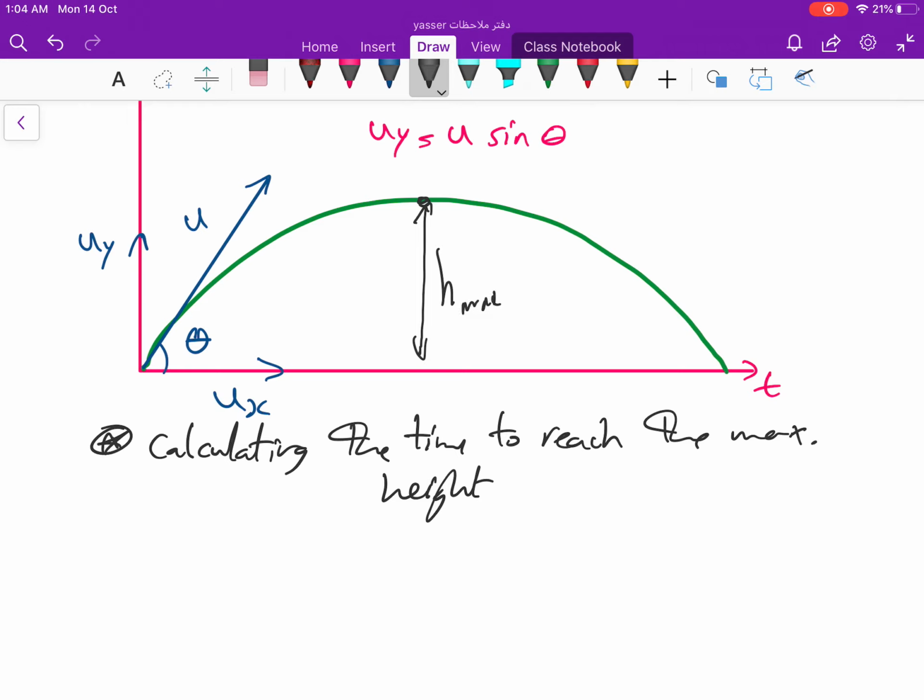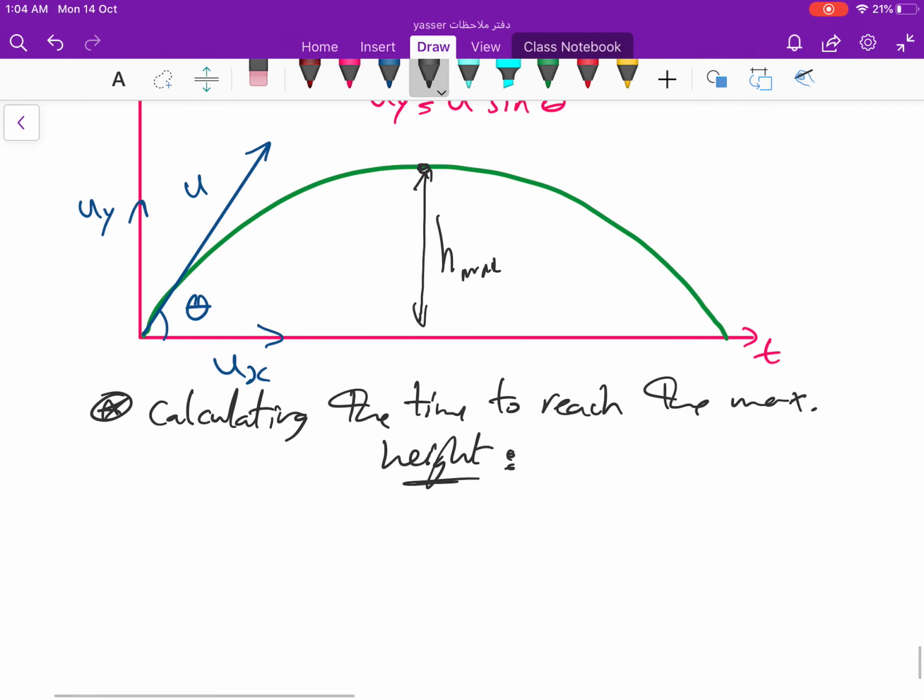For the time to reach the maximum height, we are going to use the first equation of motion. Of course, the object is moving under the effect of gravity, so we are going to find it by using the uniformly accelerated equations.